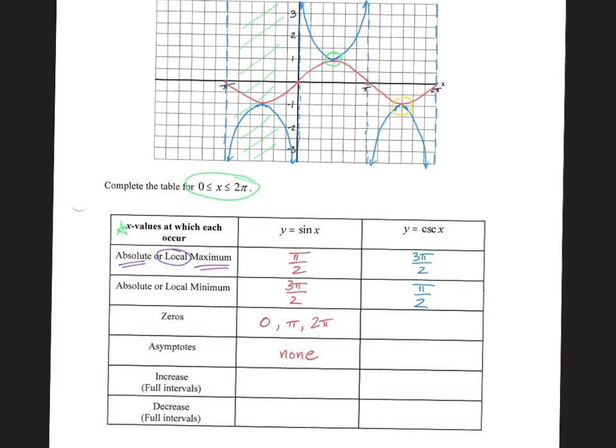Now, I just want to stop there for a second to make sure that we can see a pretty fundamental concept. That as x values change and my y values change, the reciprocal is going to have an opposite effect. And so as I start to examine, I want you to look at your sine curve. Your sine curve's values are increasing.